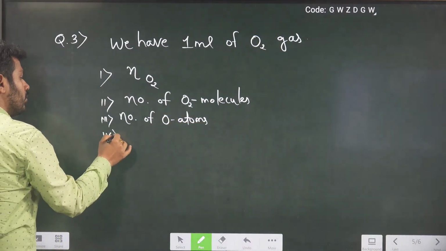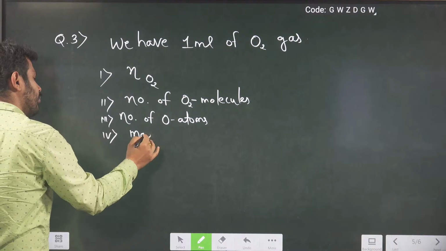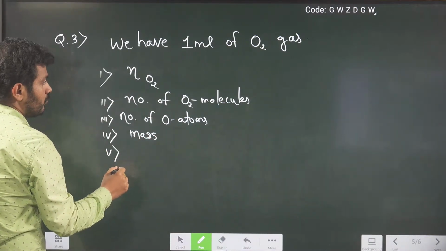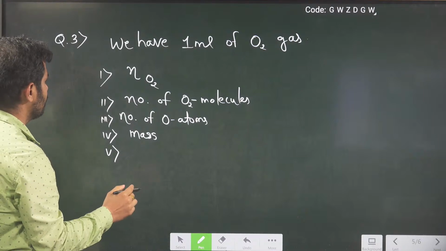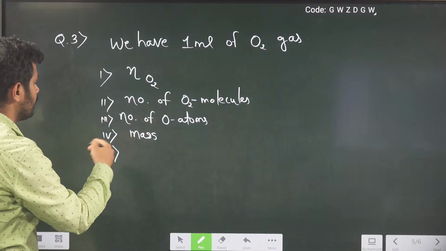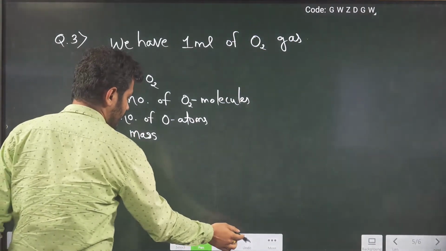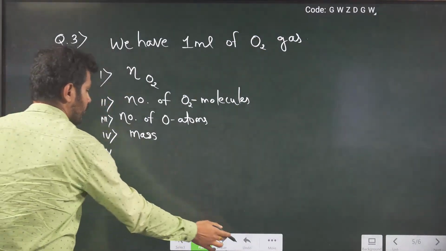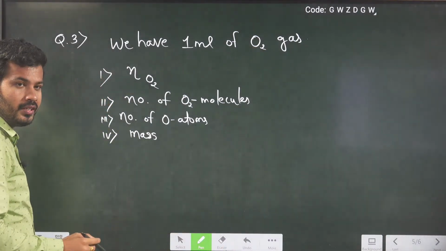Option 4, mass of the sample. Option 5. Okay, these are the things we are going to calculate. Let us calculate all this one by one.